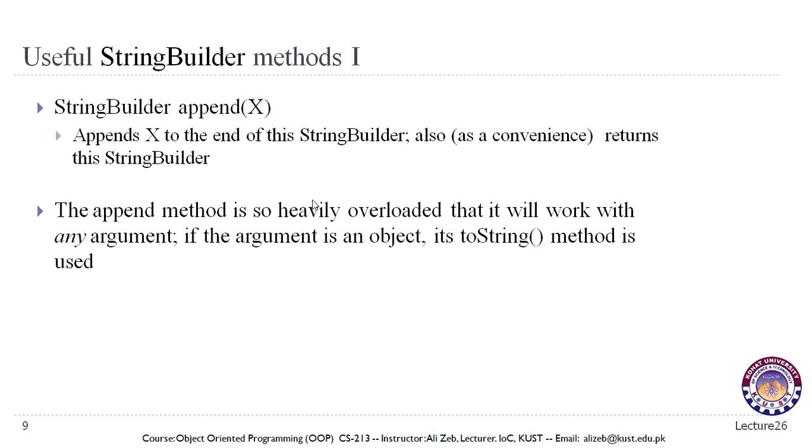The append method is so heavily overloaded that it will work with any argument. If the argument is an object, its toString method is used. So if it is an object of the Object class, it is converted into a string using the toString method, and it is appended to the end of our string builder object.